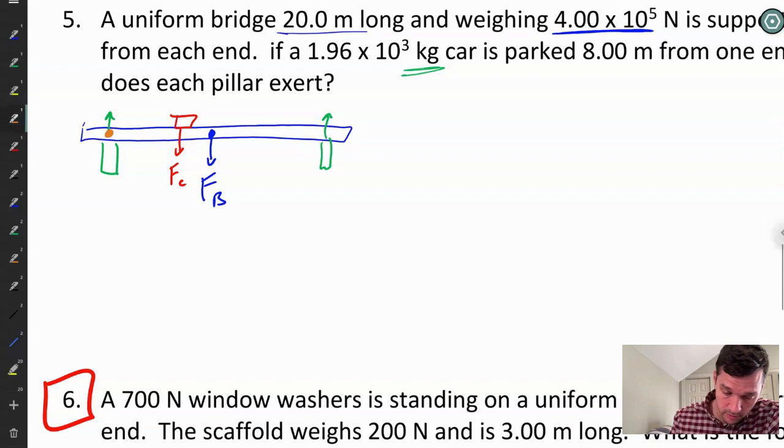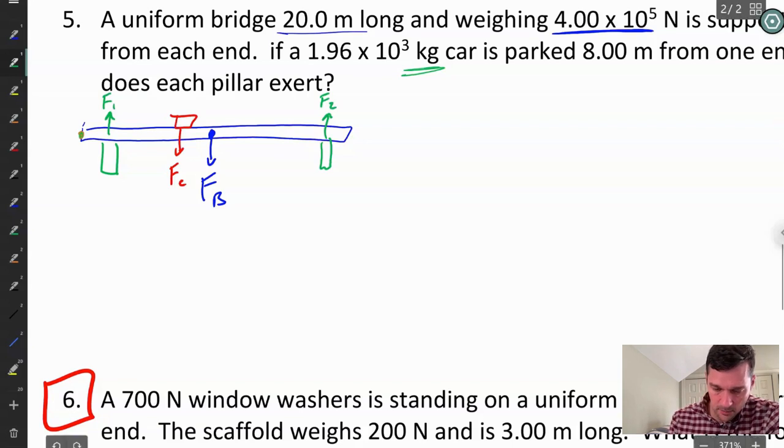If we were not as clever, we could choose it to be around one of the ends. In that case, I'll label some of these things. We've got force 1 and force 2, the forces of the pillars, and the forces of the car and the bridge itself trying to rotate this bridge, which are downward forces.